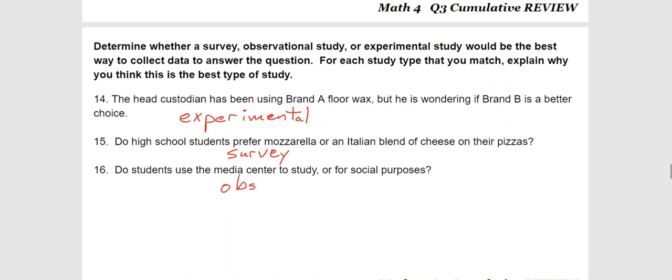That's something an observational study would probably be best for, because if you ask them, what are they going to say? Yes, I come here to talk. Well, that's going to get them kicked out. So you run into some bias at that level. But if you just sit there and watch, you're going to get your answers. So, all right.